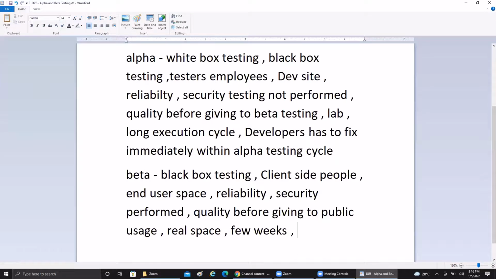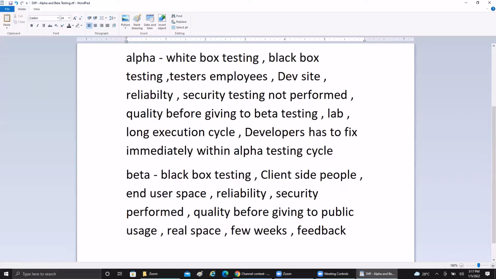Okay. But whereas if you come to the beta testing, right, mostly there won't be any issues, but sometimes while they give it to the public, or even in the beta testing stage itself, the client side people observe that this can be done a little bit better, or this can be modified like this, or this particular scenario is not working fine, some bug, anything at all where the quality is not up to their expected level, those will be collected as feedback.